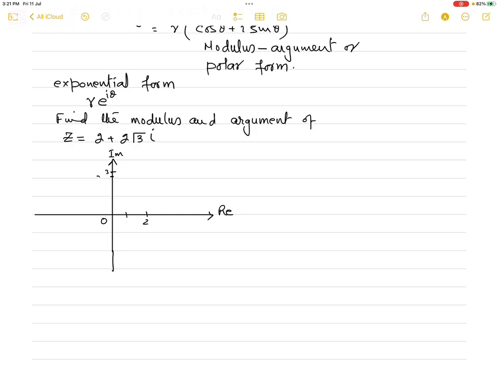Say here 2 root 3. This is our z, and 2 units and 2 root 3 here. This is our angle theta.